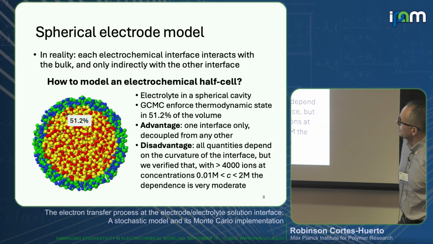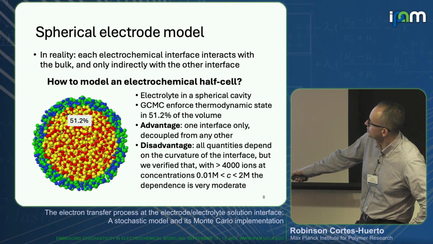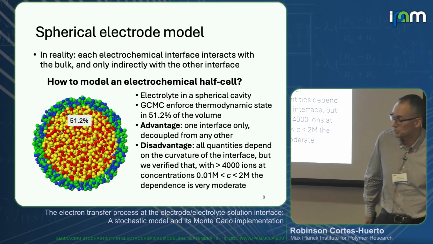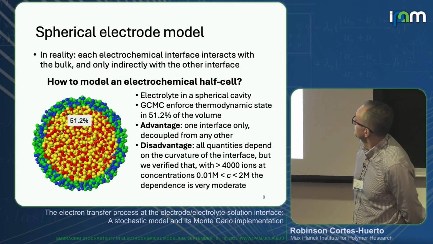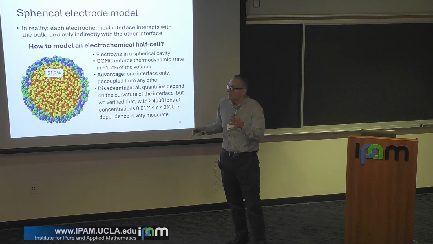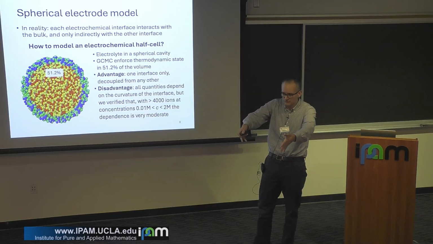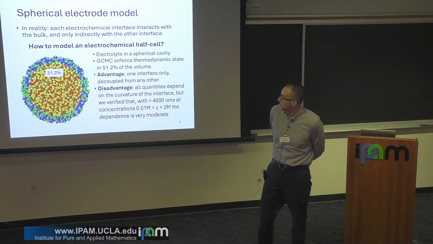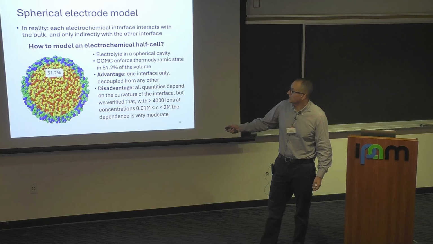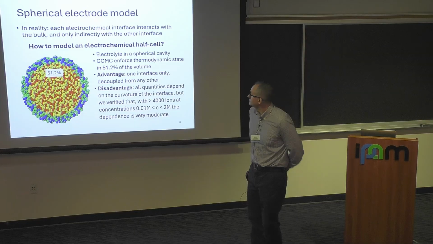Here you have the ions identified with different colors. The different colors simply mean which ions are close to the electrode, so which ones are in the active region. In reality, the electrochemical interfaces interact only with the bulk. In principle, there is an interaction with the other interface, but we have plenty of electrolyte here, so they interact with the bulk. The current computational methods do not take this into account, so this is a way to do it. We only have an interaction with one surface.